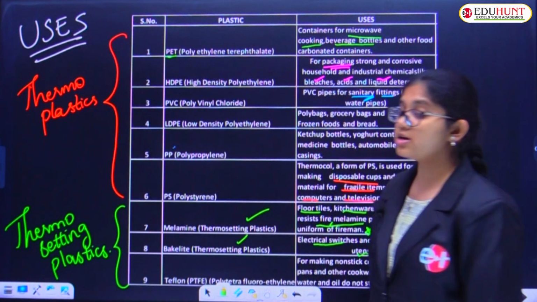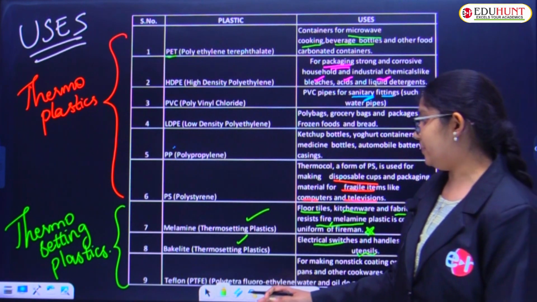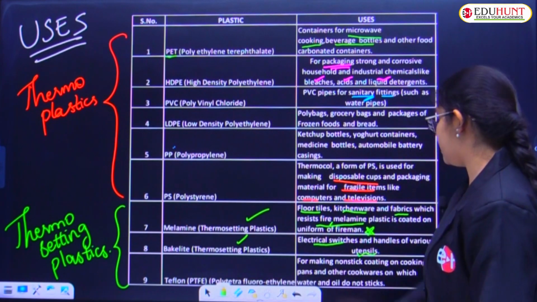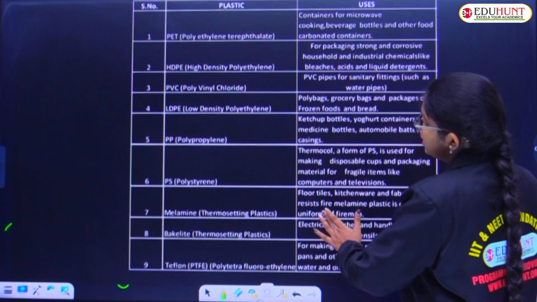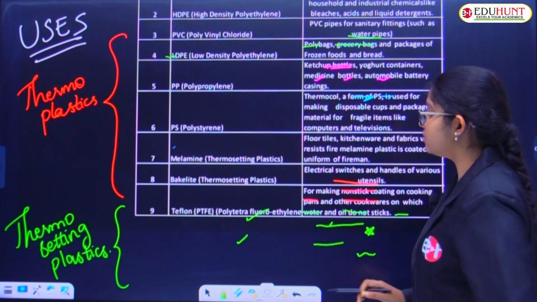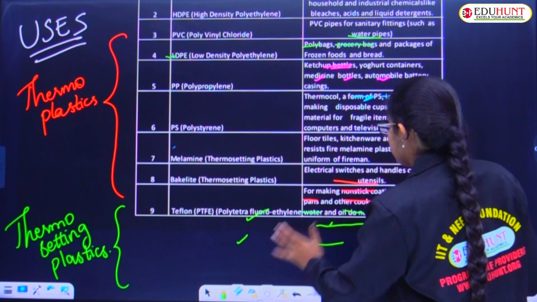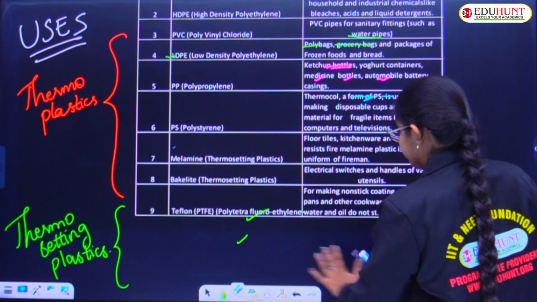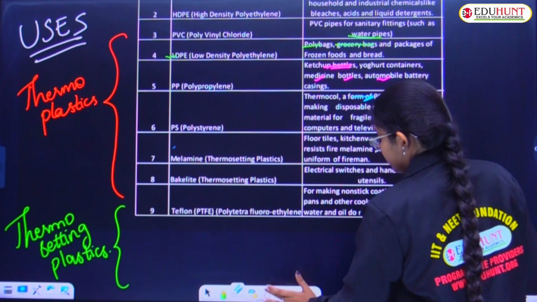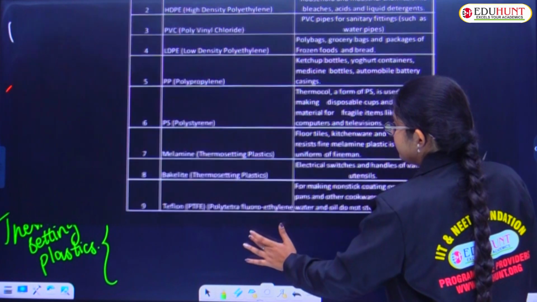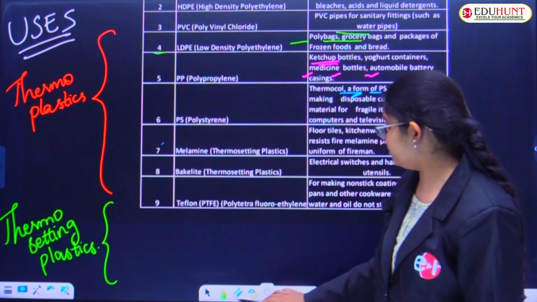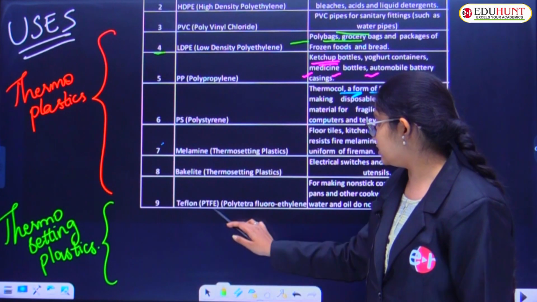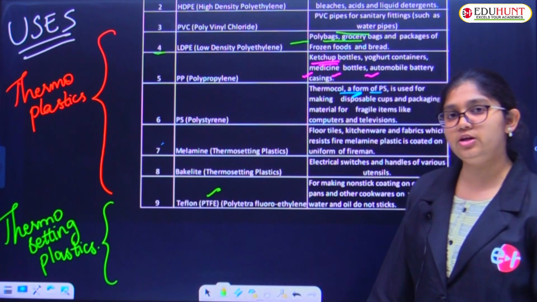Children, you know Teflon is named PTFE. What is PTFE, children? I'll show you, wait, just a second. If you see clearly enough, Teflon is PTFE.